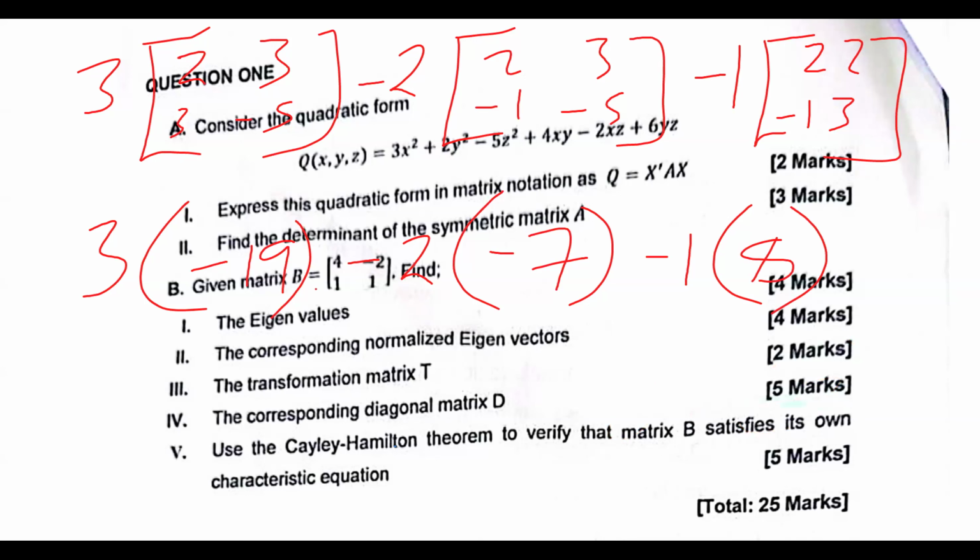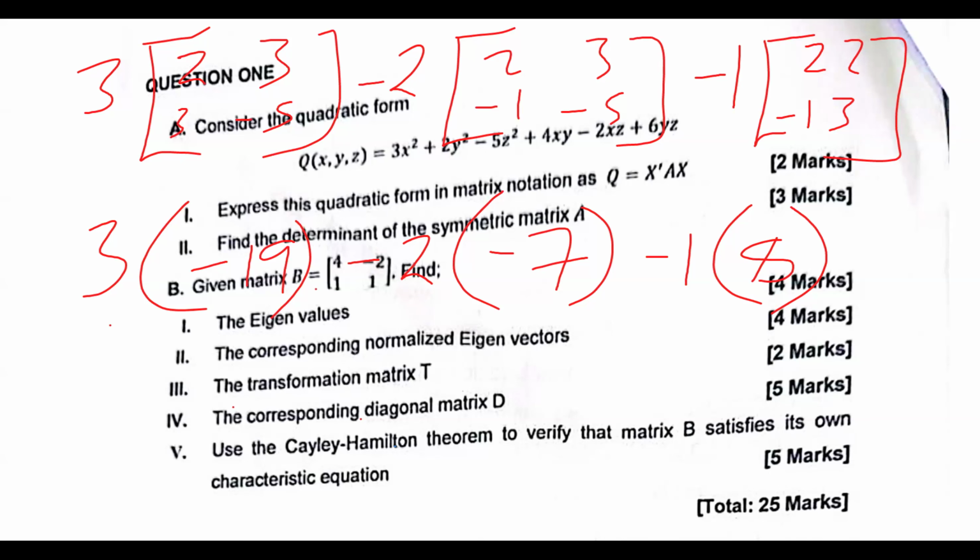Remember this, yeah? Three times 2 times 3, that is 6. 1 times 2, which is -2. So this, which is +8.